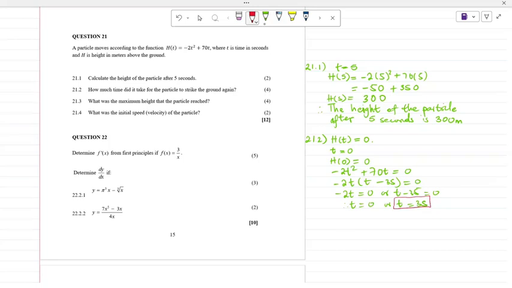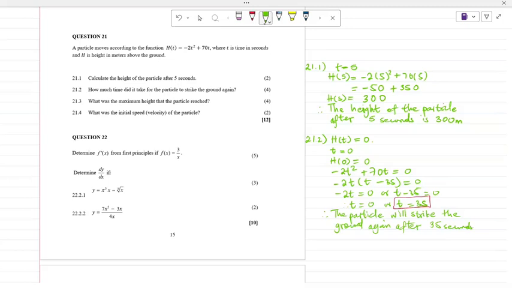So therefore, I'm going to conclude and say, the particle will strike the ground again after 35 seconds.